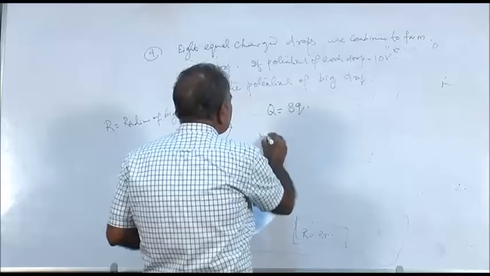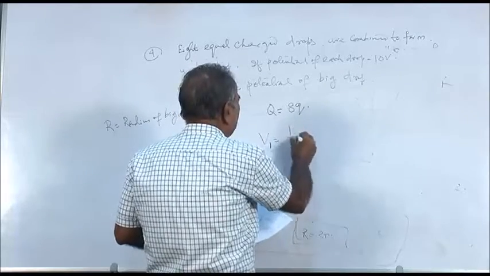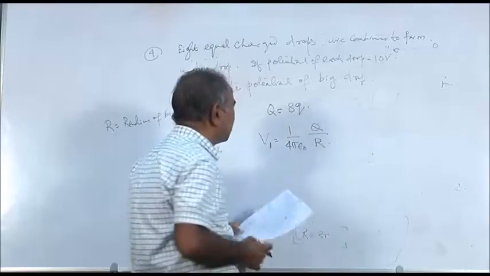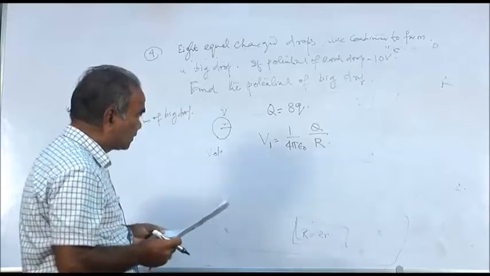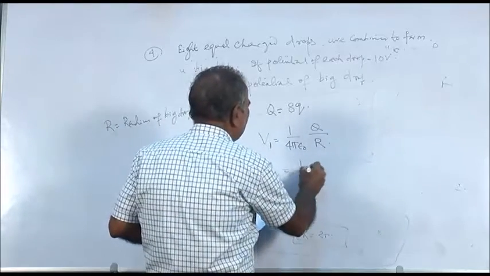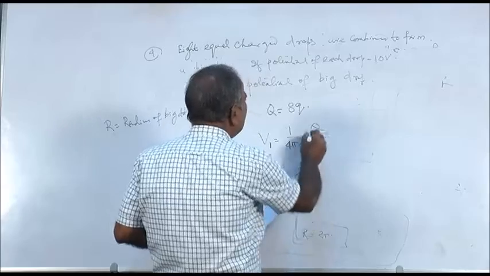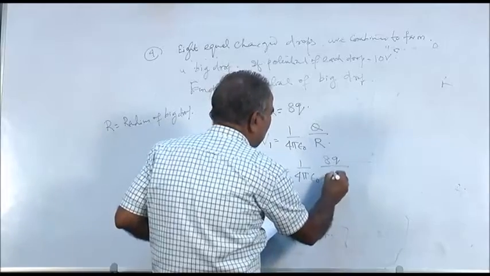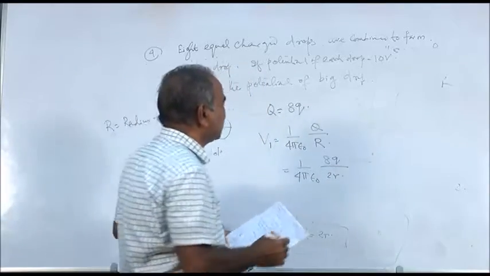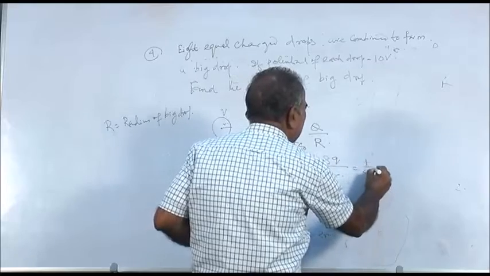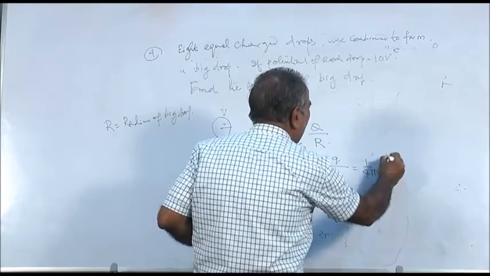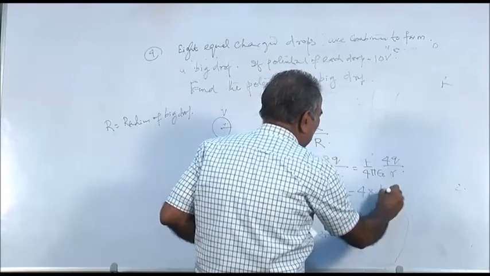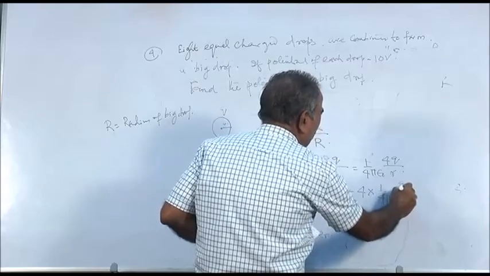The potential is 1 by 4 pi epsilon 0 Q by R. Substituting Q equal to 8q and R equal to 2r, it equals 1 by 4 pi epsilon 0 times 4q by r. Taking out the 4, that is 4 times 1 by 4 pi epsilon 0 q by r.